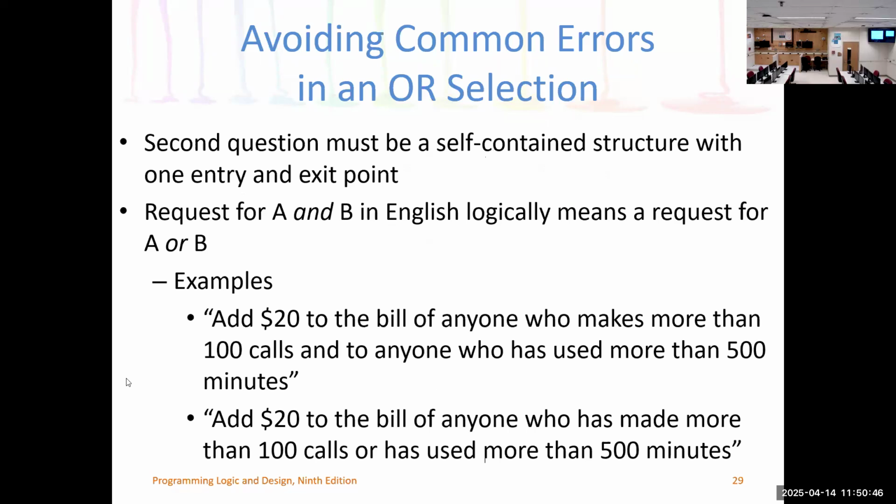Again, regarding common errors in the OR decision, the second question must be a self-contained structure, with one entry and one exit point. Remember that when you work with the flowchart, you have to build it with structure.